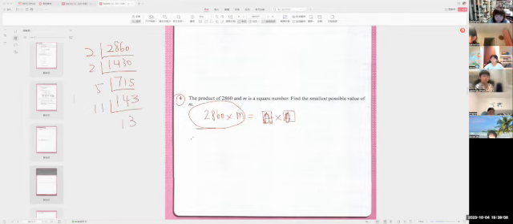So 2860 equals 2 squared times 5 times 11 times 13, times m. You need to have a number like a squared. So 5 needs another 5, 11 needs another 11, and 13 needs another 13. So it equals 65 times 11, which equals 715.